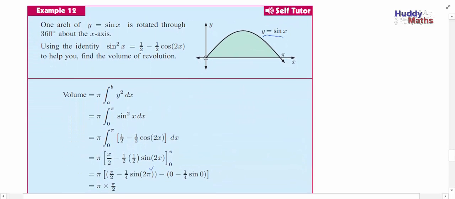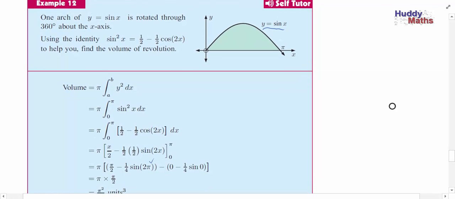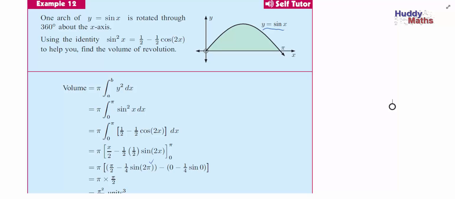Here we have it. Let's just go up a little bit here. There we are. Example 12. So we're going to have an arch of sine x, there it is, from 0 to pi. And it's rotated 360 degrees, or 2 pi, around the x-axis. That'd be an interesting shape.